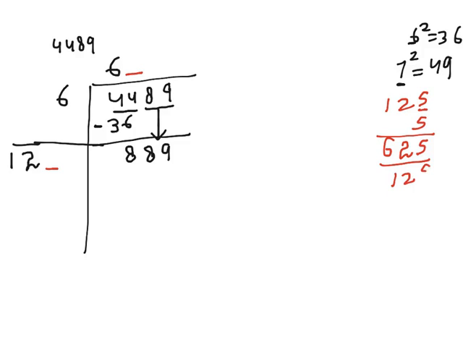Let's take another digit as 7. 127 times 7: 7 times 7 is 49, 4 carry on 8, and so on, it will be 889. So we can go with the 7. We copy 7 over here and 7 over here. 127 times 7 gives 889.